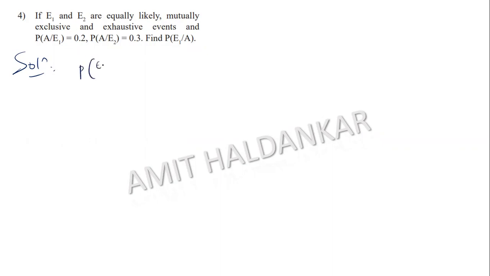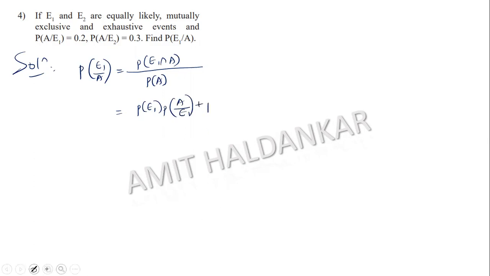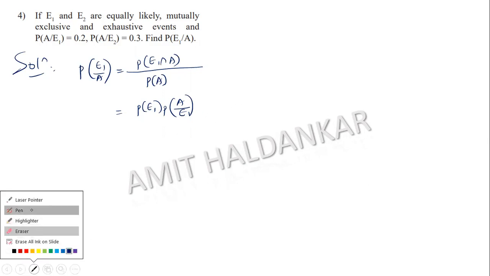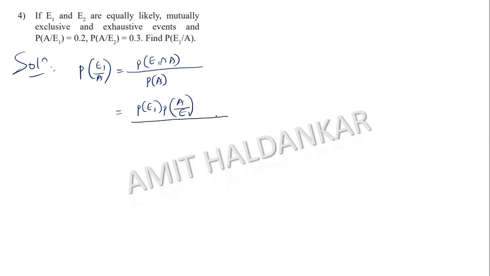P of E1 when A has already occurred. Now if you look at this part, then we can easily say A is the sample space. And the numerator will be the intersection of E1 as well as A. So this will be probability of E1 into probability of A by E1, divided by the total probability.